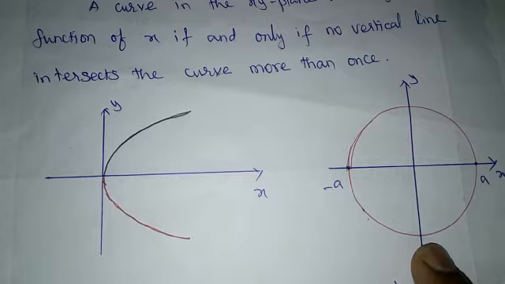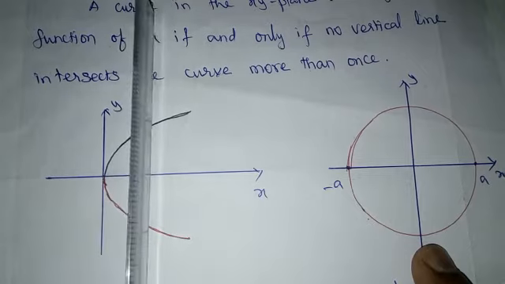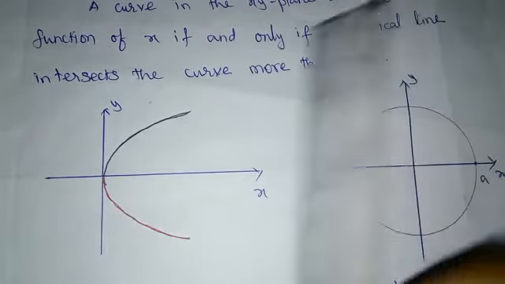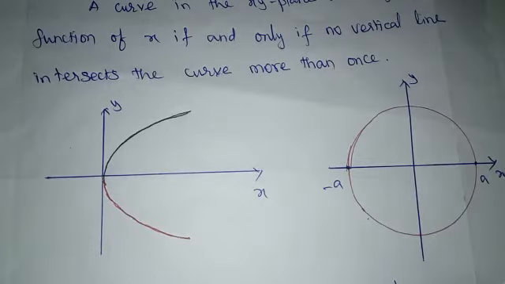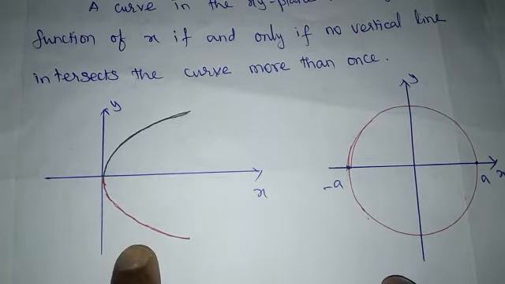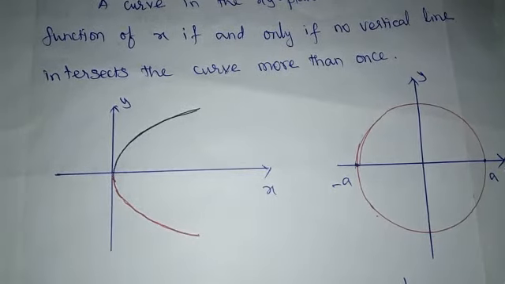These two curves may fail the vertical line test, but the question is, can it be a graph of a function or not? Okay, fine. First discuss the first curve. It is already familiar to us.